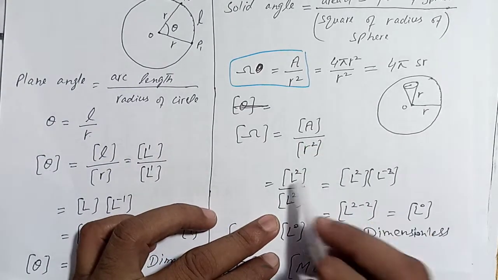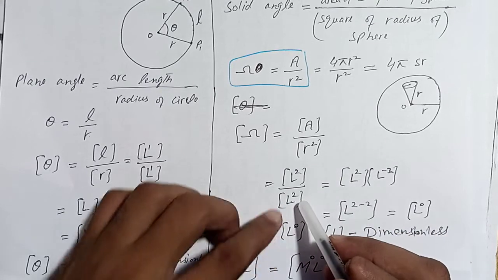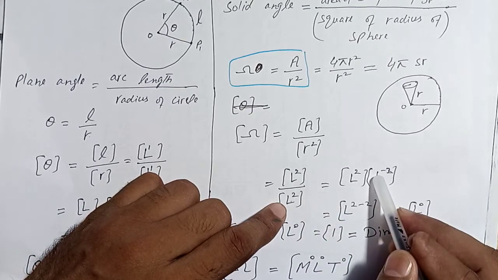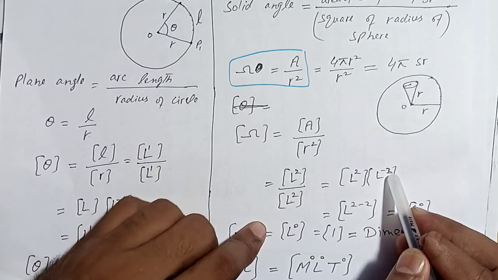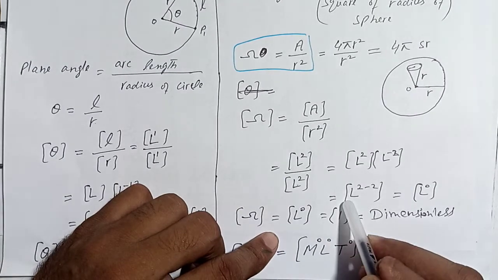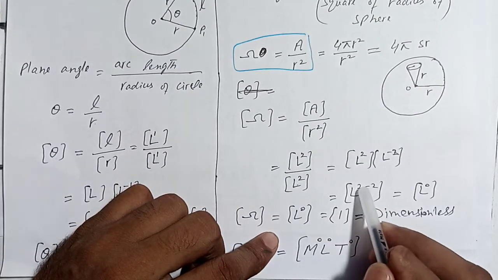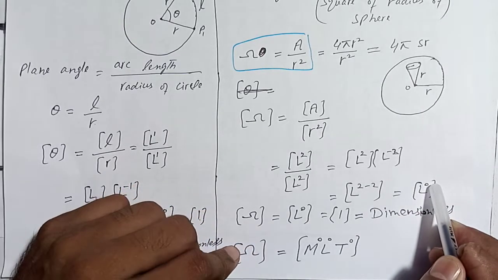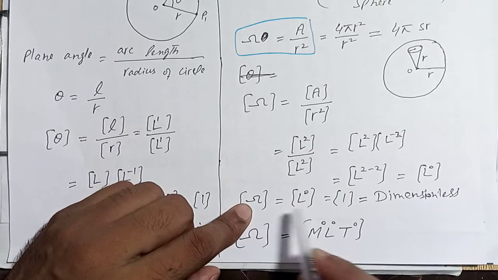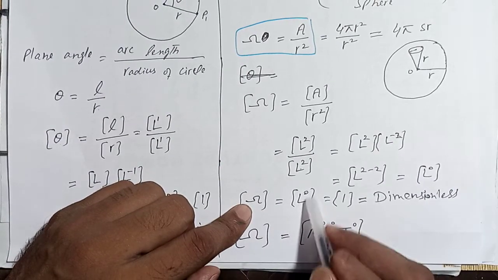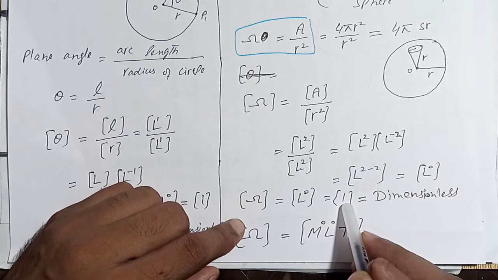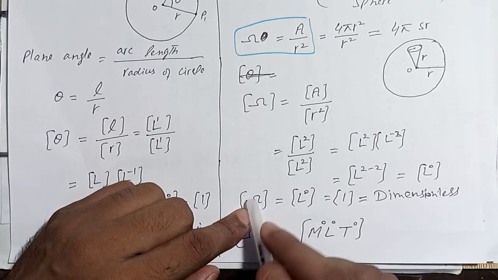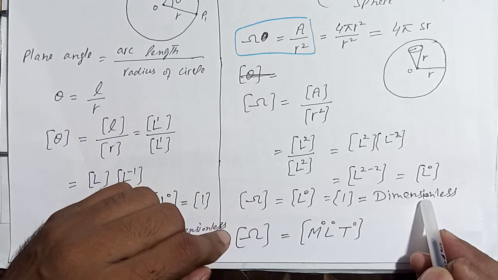Finally we can write it as L square over L square, and when this term comes in the numerator, it becomes L to the power minus 2. Combining them in one square bracket, we write L to the power 2 minus 2, which is equal to L to the power 0. So the dimension of solid angle is L to the power 0, that is equal to 1, which means solid angle is a dimensionless physical quantity.